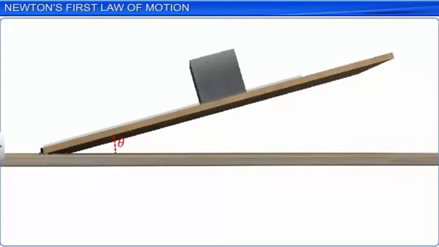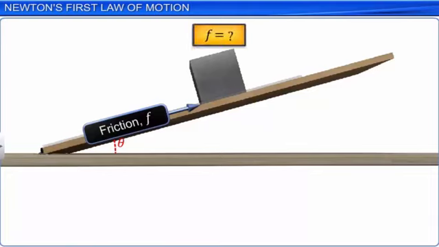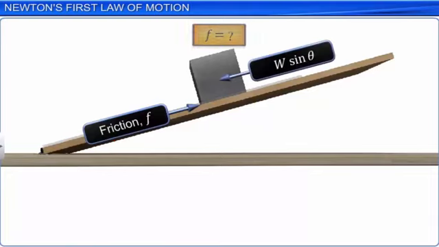At the point of impending motion, the iron cube has the tendency to slide down, but is prevented by the frictional force, F, between the glass surface and the surface of the iron cube. How do you find the magnitude of this frictional force, F? There is no motion of the iron cube in the x direction.